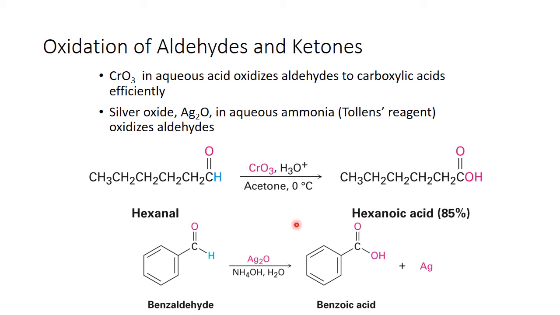It's a rather striking and positive indicator that you have an aldehyde present. So either chromic acid or silver oxide in ammonia will give you a carboxylic acid.